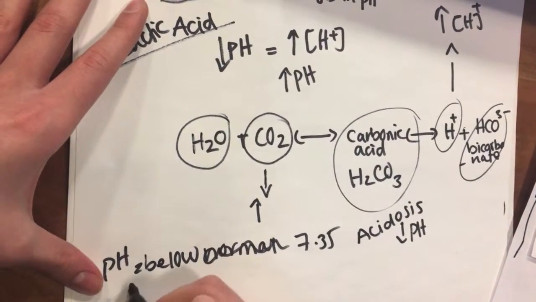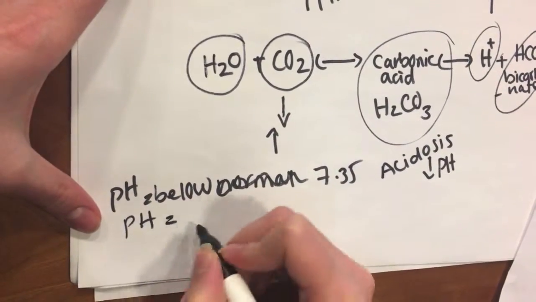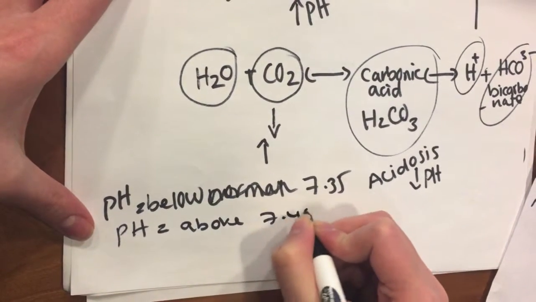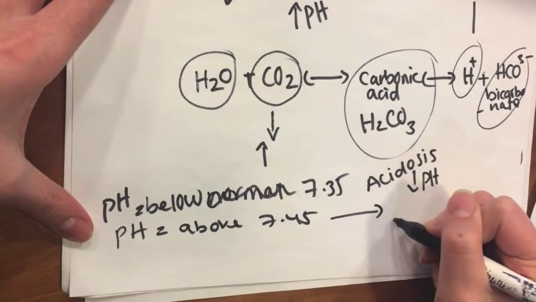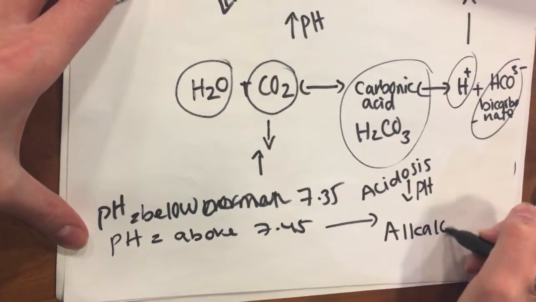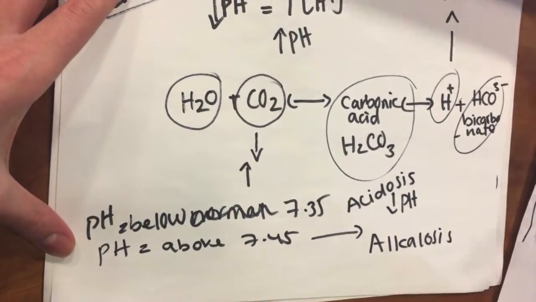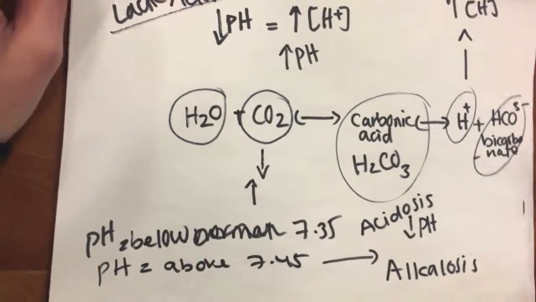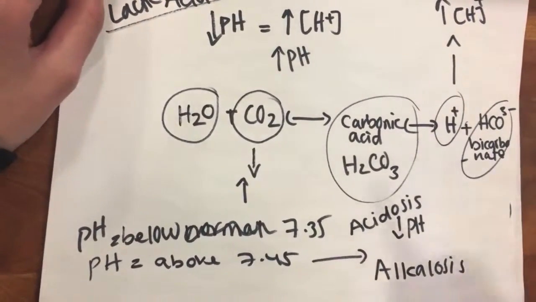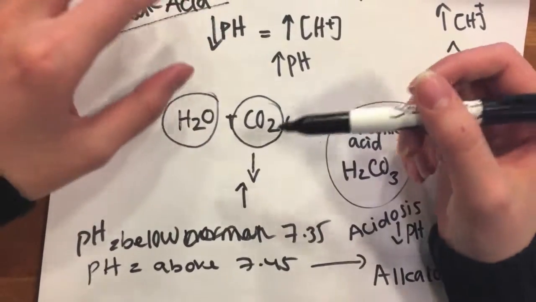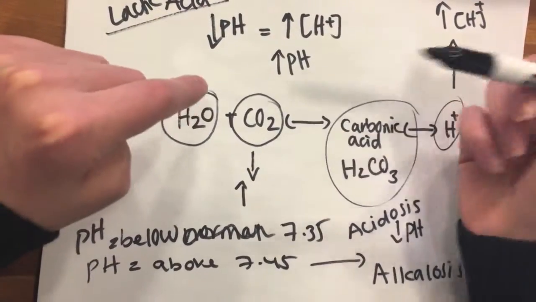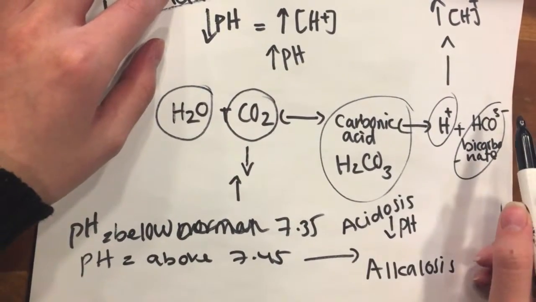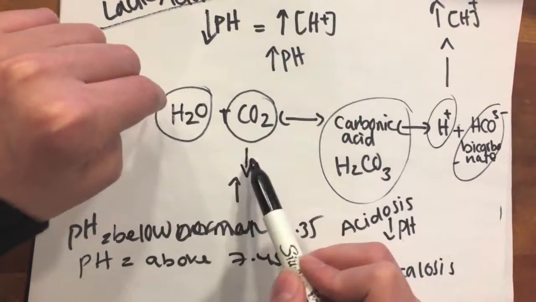However, if the pH goes above 7.45, you have a state called alkalosis. Respiratory alkalosis and acidosis occur when the levels of CO2 in the blood are altered, whether increased or decreased. CO2, or carbon dioxide, contributes to the formation of carbonic acid, and that happens when water and carbon dioxide are mixed.